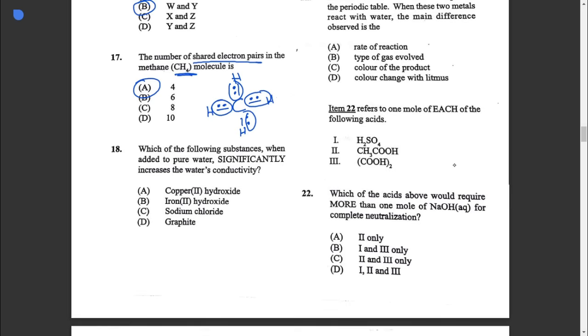Graphite is a solid and it conducts electricity in its solid state, so that wouldn't increase the electrical conductivity of water, right? But sodium chloride, common salt, which is extremely soluble in water, if we add it to water, then the sodium ions and the chloride ions will be free and able to carry the electric charge or the electric current, and so that increases the electrical conductivity of water. All right, so the answer is sodium chloride.